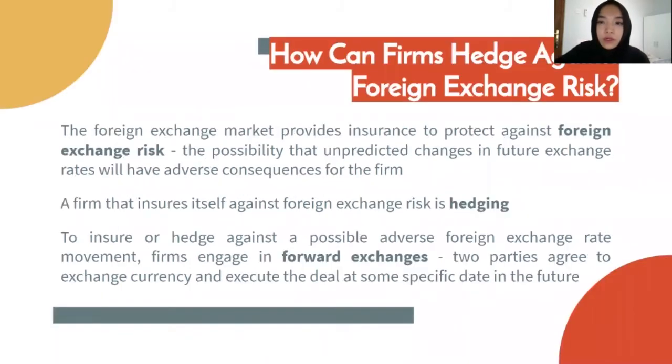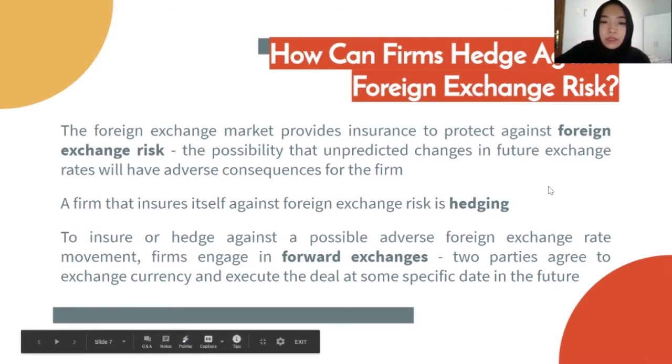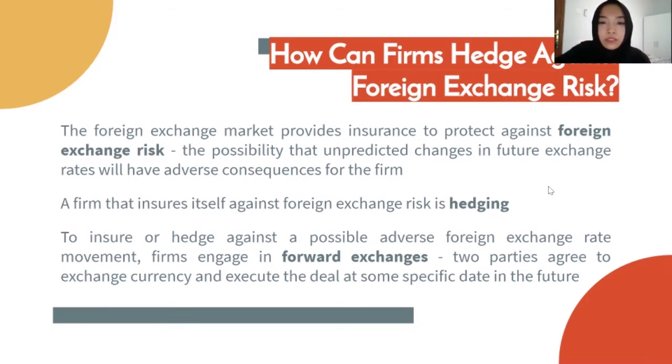So, how can a firm hedge against foreign exchange risk? The foreign exchange market provides insurance to protect against foreign exchange risk, the possibility that unpredicted changes in currency exchange rates will have adverse consequences for the firm.